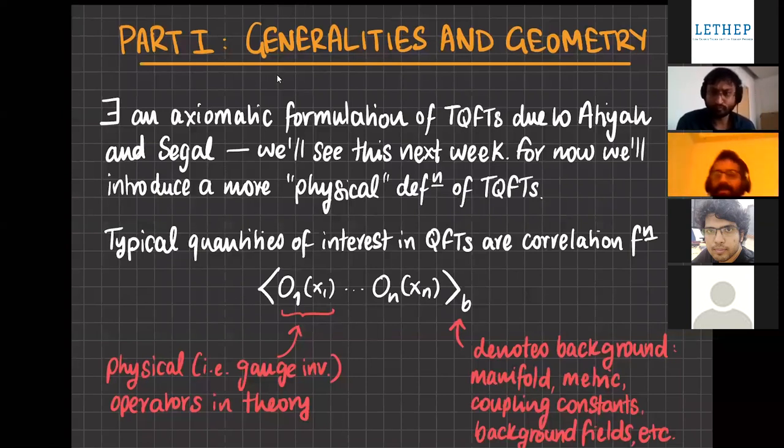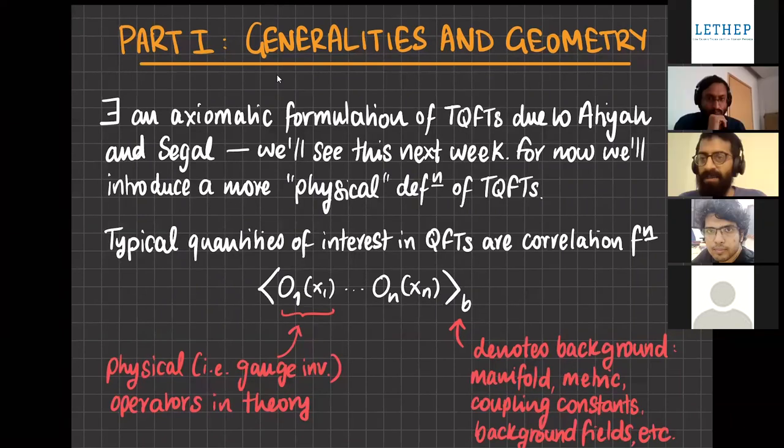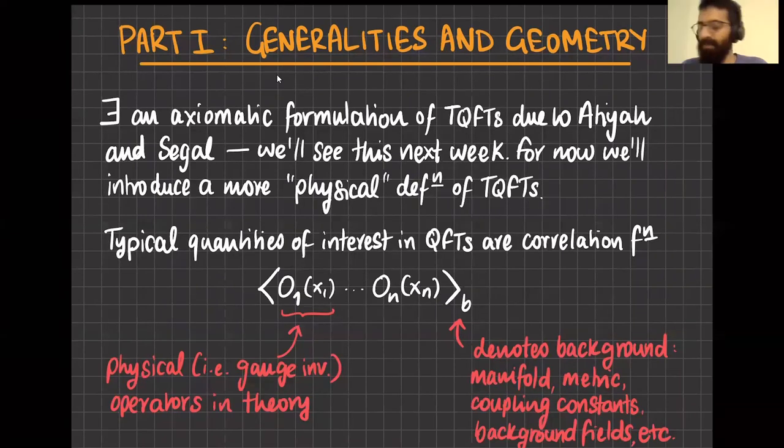So the subject of topological quantum field theories is an old one. It goes back about 40 years or so, maybe even older than that. And the perspective that I would like to communicate in this series of lectures is that topological quantum field theories are to quantum field theories what integrable systems are to classical mechanics, right? In the sense that when we study classical mechanics, you just give me Newton's laws and you give me a set of initial conditions and I'm good to go, right?